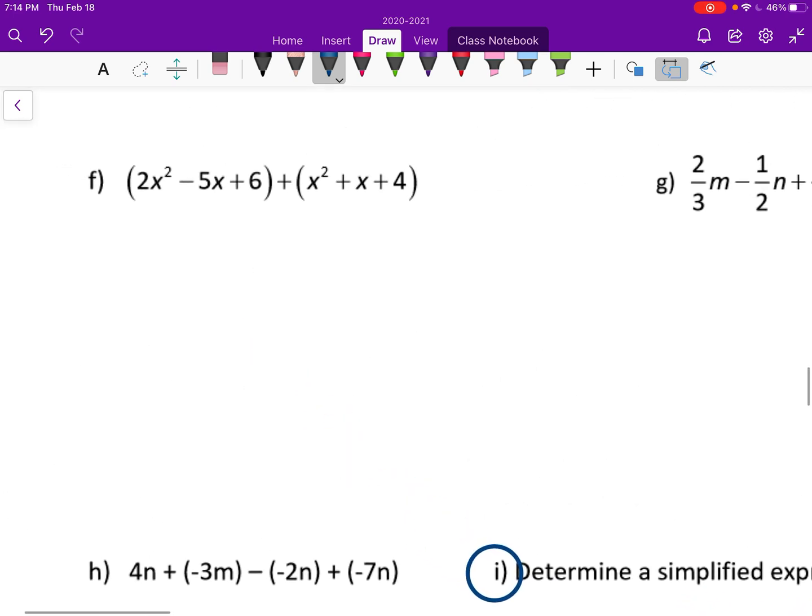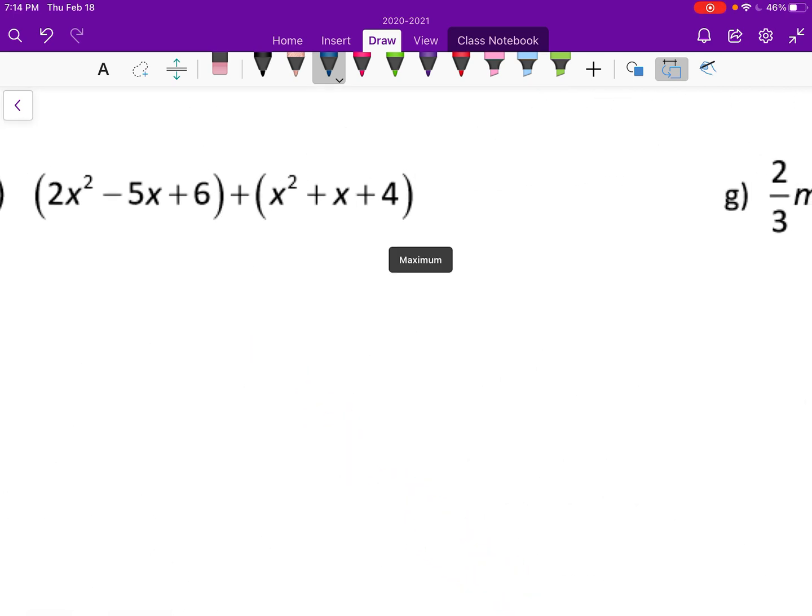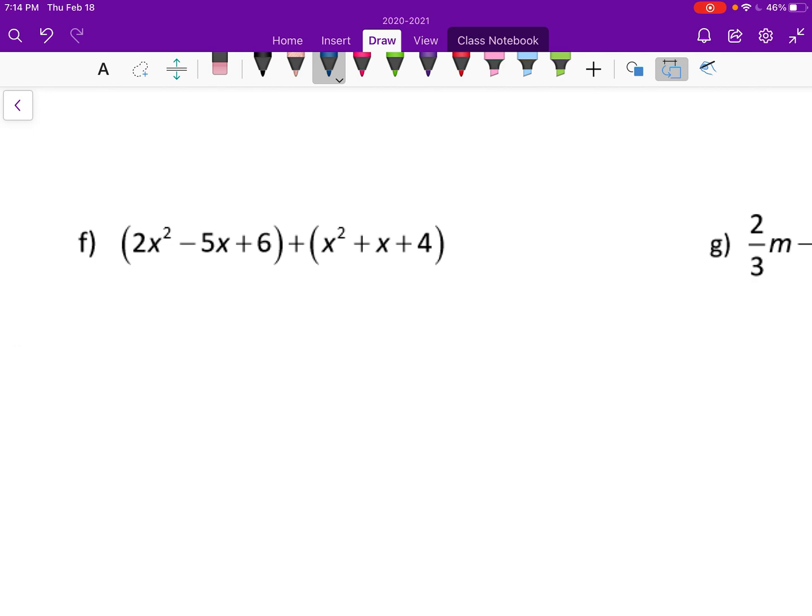Moving on. So, when you're given something like this, and we'll learn more about this when we learn about what we call the distributive property, here you have 2x squared minus 5x plus 6. And because you have a minus sign and plus sign here, you can just drop the brackets.